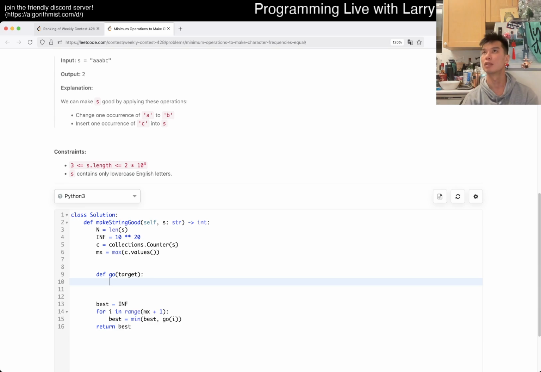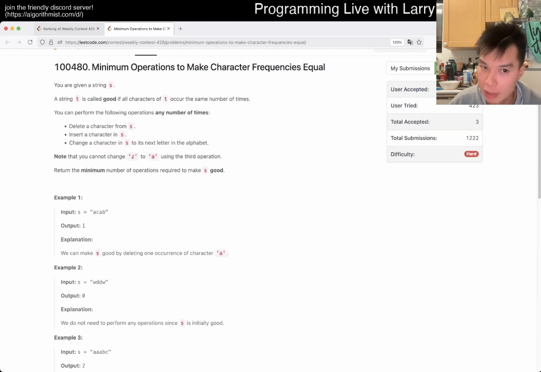The costs are ridiculous. It wouldn't make sense though. So okay, the key thing is noting that the third operation doesn't make sense to use more.